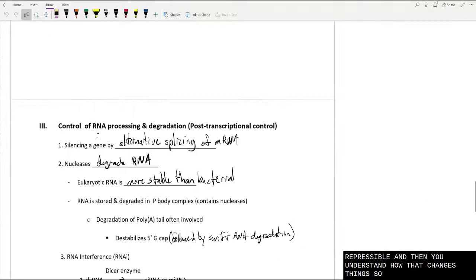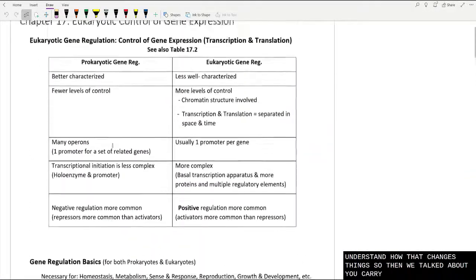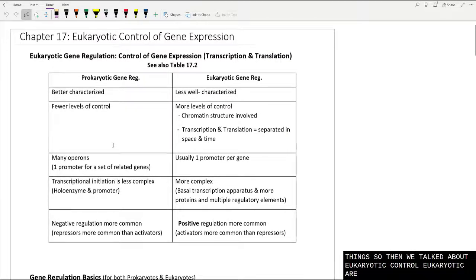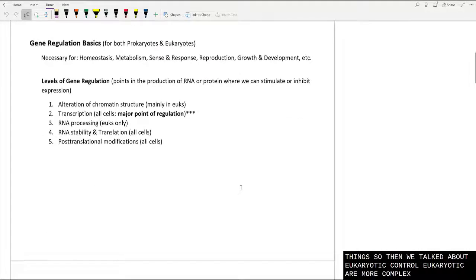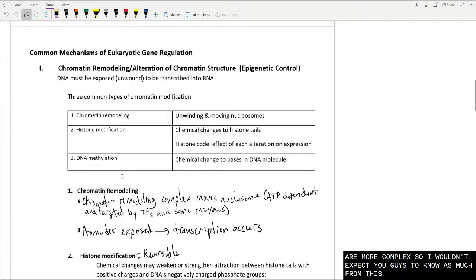Okay, so then we talked about eukaryotic control. Eukaryotics are more complex, so I wouldn't expect you guys to know as much from this. But the important part here is how we do this regulation, like what DNA methylation is. That decreases expression.